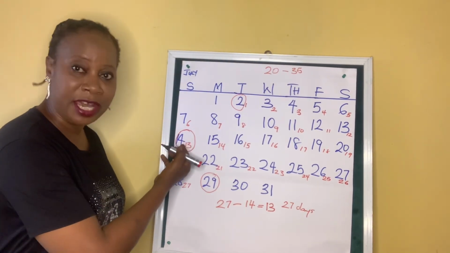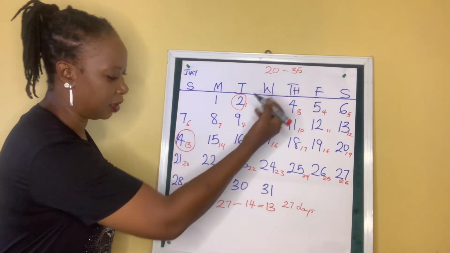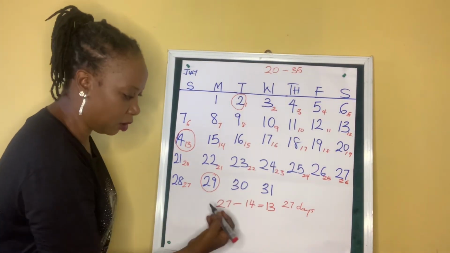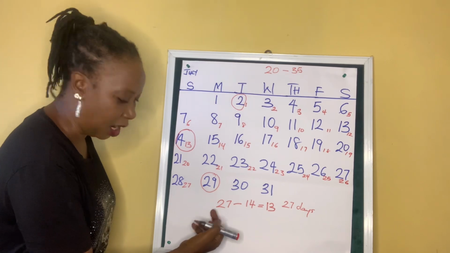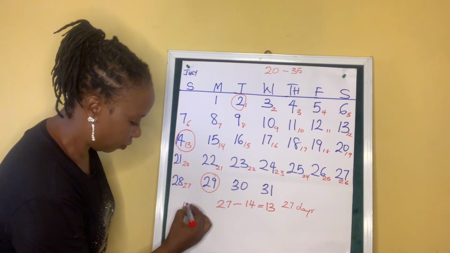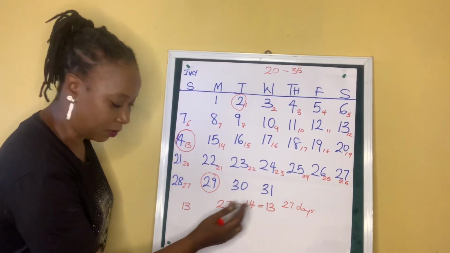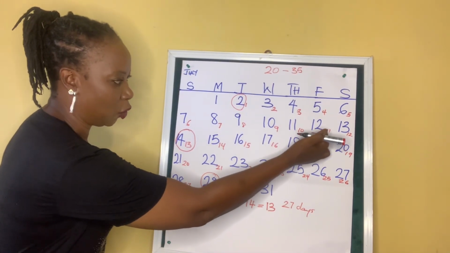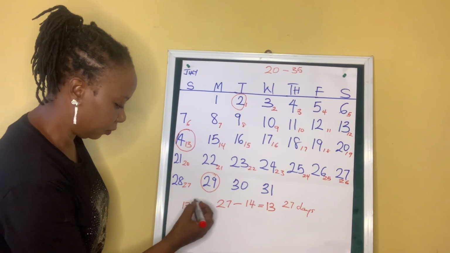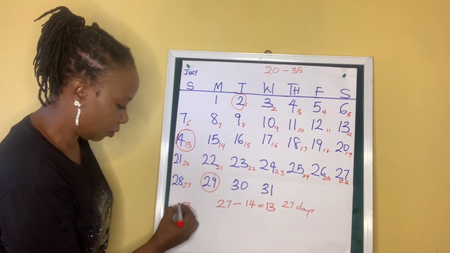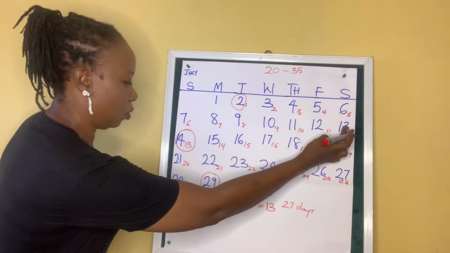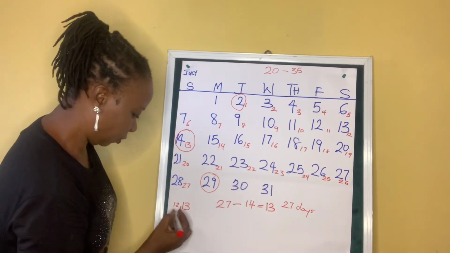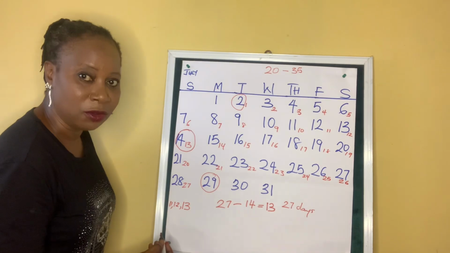So we now add 2 days before. That means 13, so we have 2 days before. This 13 is here. So we'll now add day 12, day 11 before.